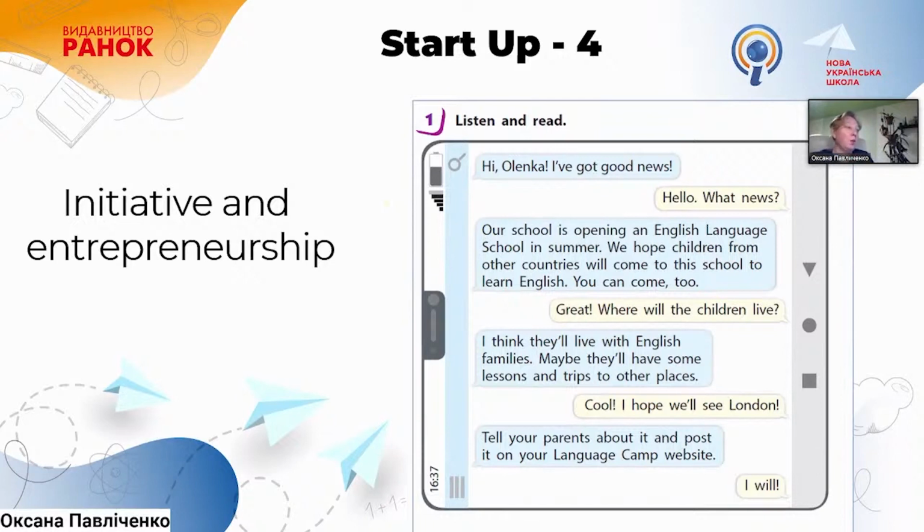Whoever works with our textbook knows that the idea of the textbook is that Ukrainian children communicate with children from Great Britain with the help of different social media. They send email letters to each other, they chat with the help of their mobile phones, and they also make different phone calls, and in this way they interact. So this is a very good idea to develop communicational skills.